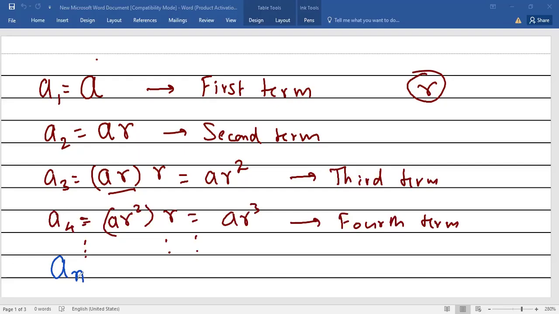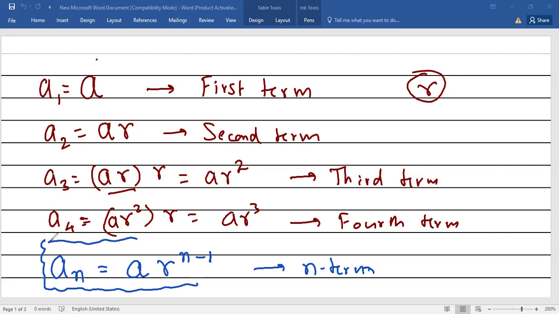So nth term, which is denoted by a subscript n, is given by first term multiplied by common ratio to the power n minus 1. This expression is very, very important. So note it down. An, that is the nth term, is equal to first term multiplied by common ratio to the power n minus 1.